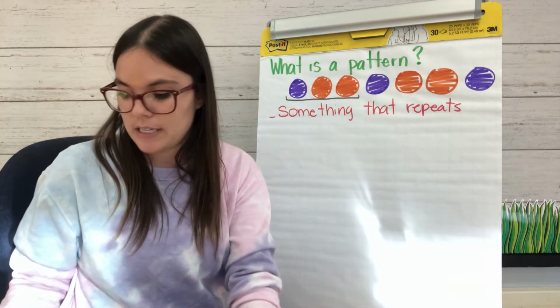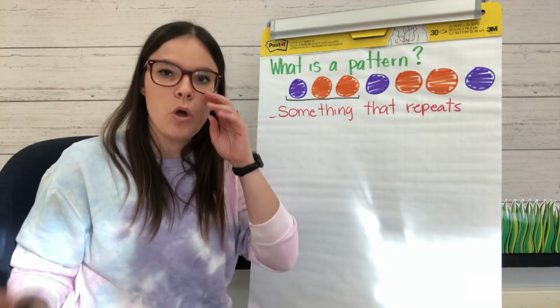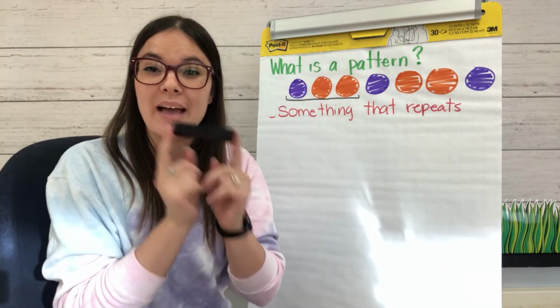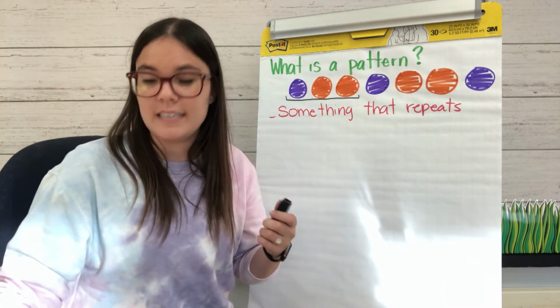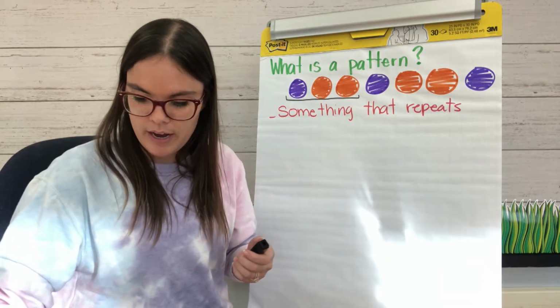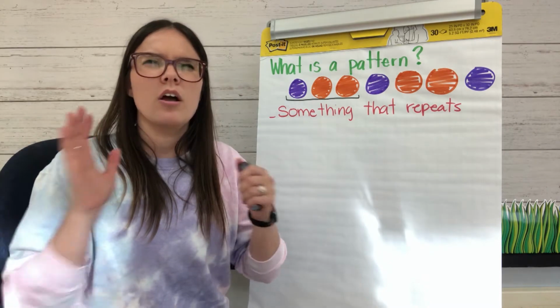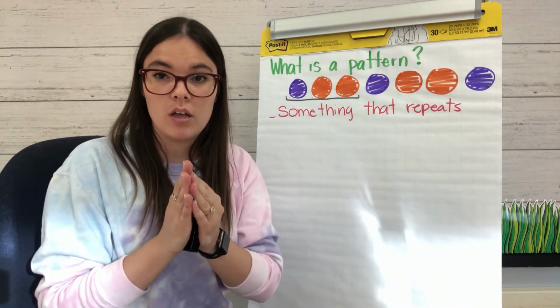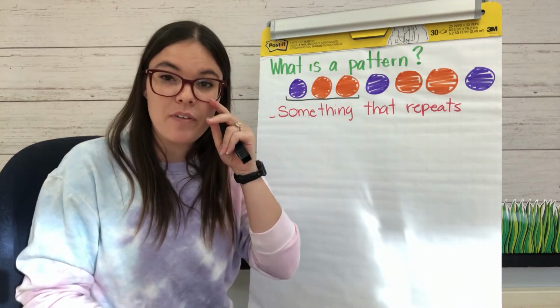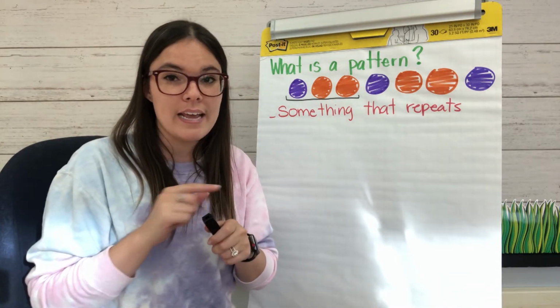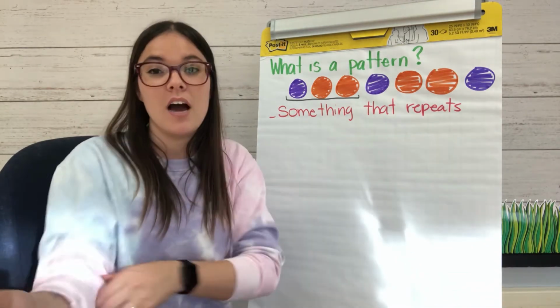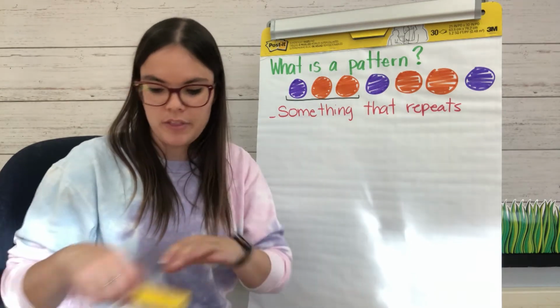So I'm gonna use these cubes and I'm gonna show you what it would look like. We're gonna make a pattern of what it would look like for day and night to be a pattern, okay? I know that 24, if we split that in half, it's gonna be 12 and 12. So we're gonna do 12 hours of daytime. So that's what these yellow cubes are.